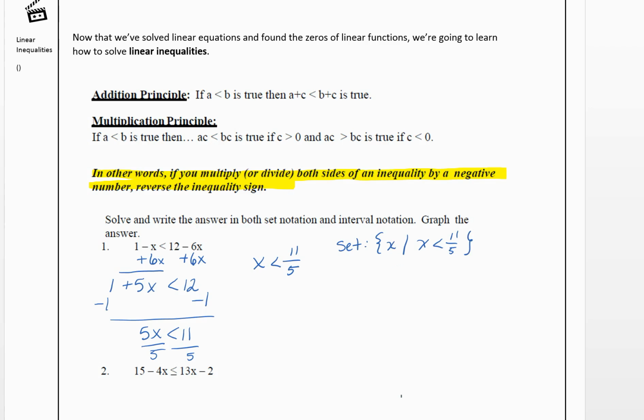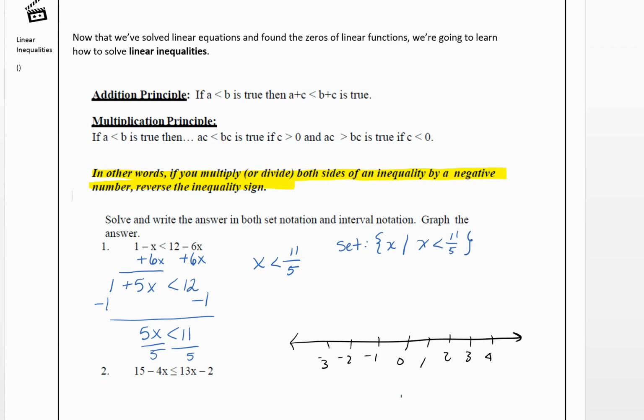Now let's go ahead and graph it before we write it in interval notation. So here's our number line: 0, 1, 2, 3, 4. Here we could have negative 1. Now we want less than 11 fifths. Now 11 fifths as a decimal, if you do that in your calculator, is 2.2.